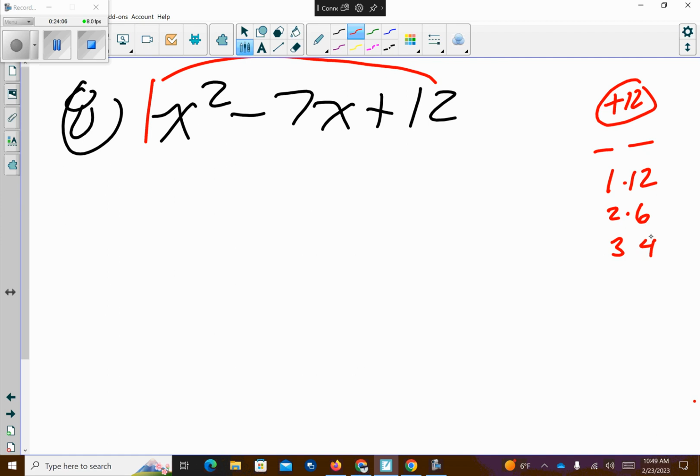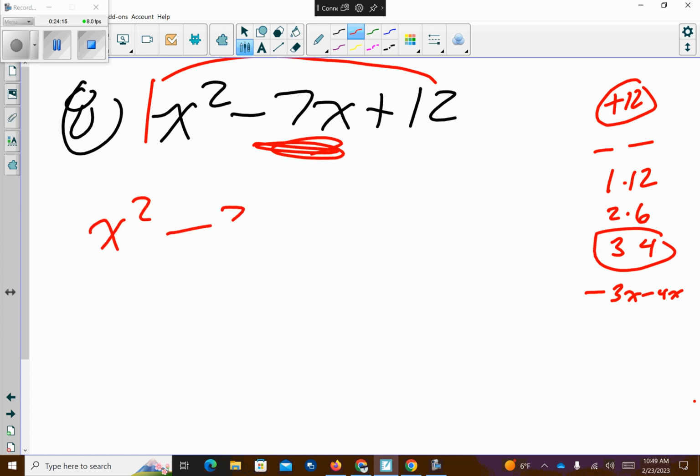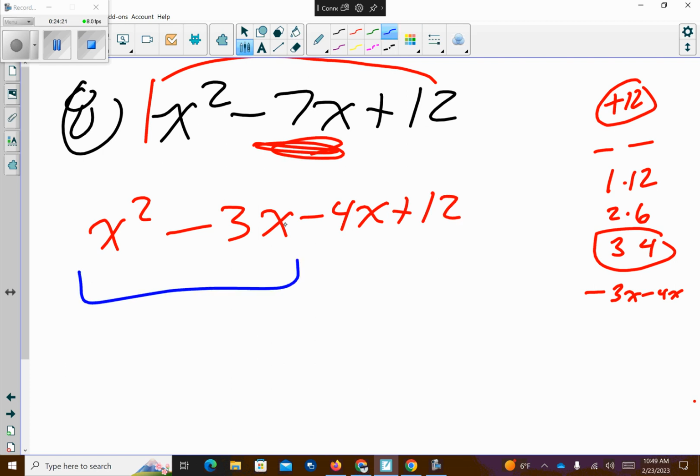Then 3 and 4. 3 and 4 is going to work. Negative 3x, negative 4x, x squared, whatever order you want. And then underline. What do I have in common between those first two? Good. X. And then I'm left with x minus 3.